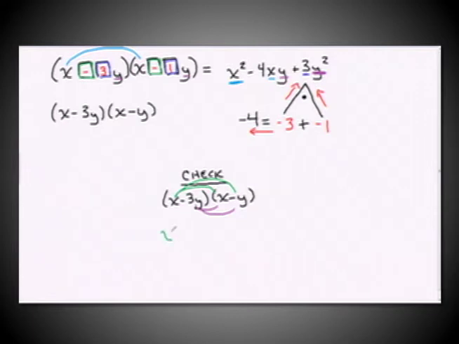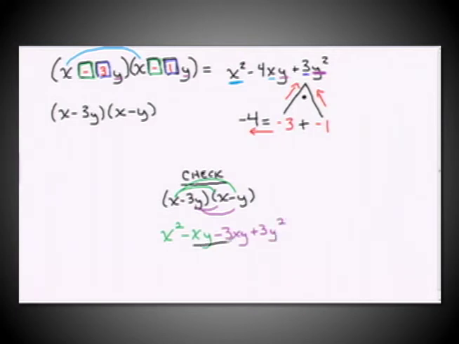X times x yields x squared. X times negative y is negative xy. Negative 3y times x is negative 3xy. Once again, we like to keep things in alphabetical order. And negative 3y times negative y is positive 3y squared.